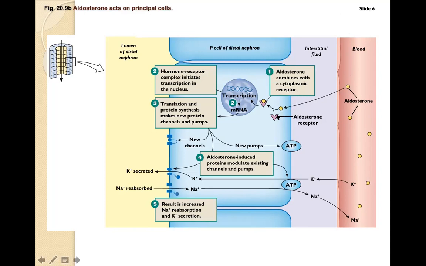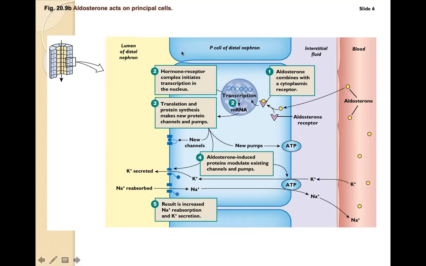This is extremely important that they combine with the cytoplasmic receptor, because when it combines with the cytoplasmic receptor, it can actually enter the nucleus of the cell, and this hormone receptor complex will bind to the DNA, and it will act as a factor that will increase transcription of a gene, or several genes within the DNA.